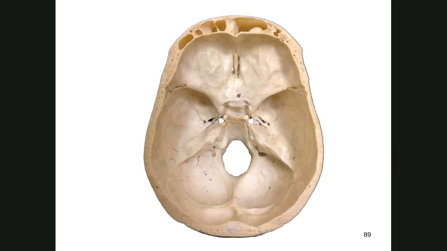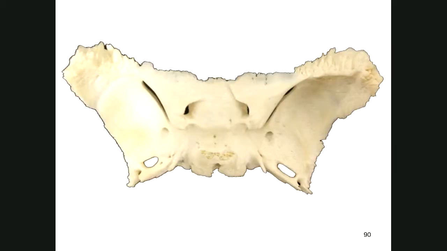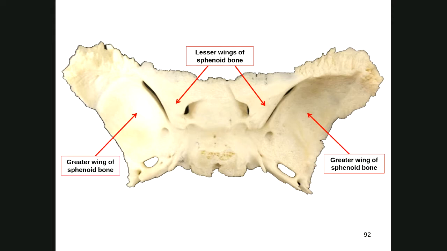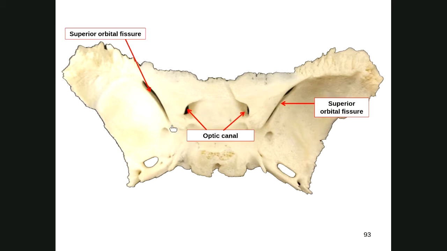Here's the sphenoid bone all by itself. Let's do a couple of labelings. The lesser wings of the sphenoid here, the top portion of the sphenoid bone. And then you can see the greater wings down in here on either side. You can see part of the superior orbital fissure here and over here, and then the optic canals.